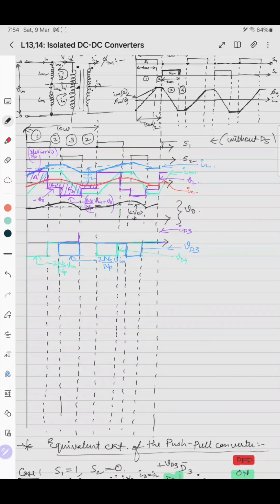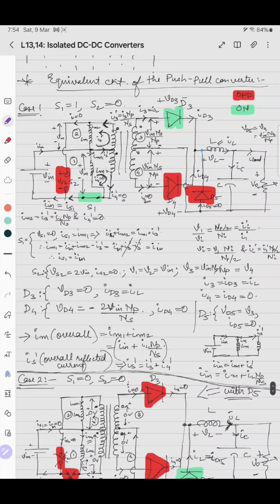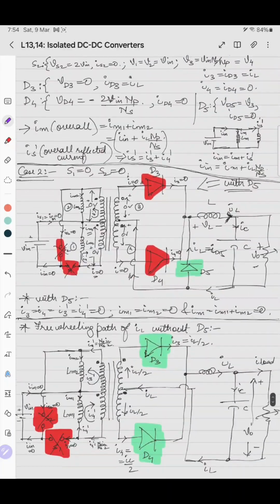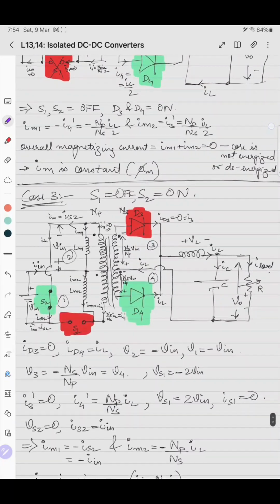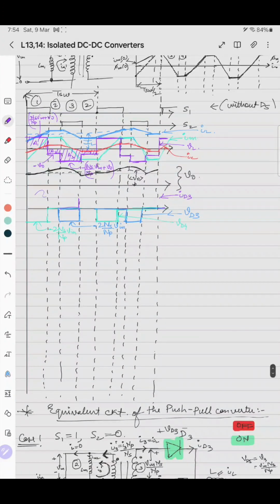So we'll draw ID3 again. Case 1 ID3 was IL, case 2 IL by 2, and case 3 0. IL by 2, 0. Case 1 is IL by 2, 0.